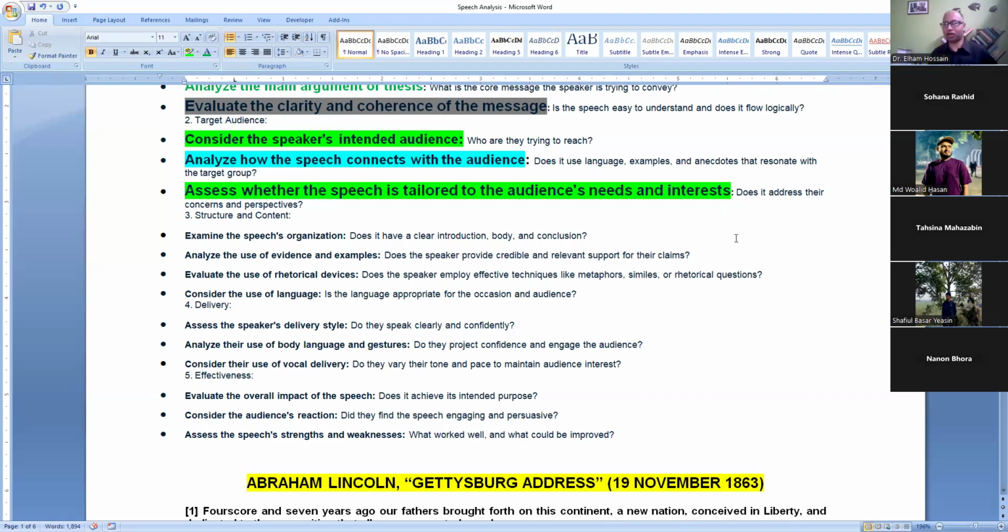So if you are a good speaker, while preparing or delivering your speech, you have to know the interests of your audience. On the basis of those interests, you have to tailor, that is, customize your speech.